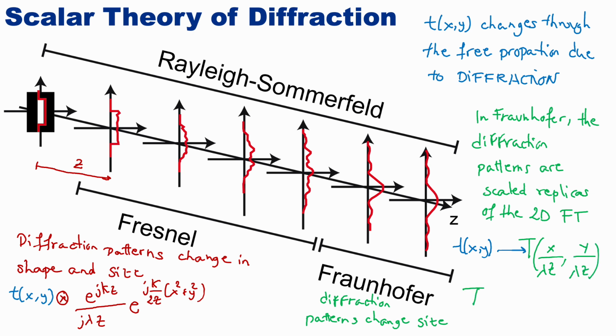So capital T is gonna be the Fourier transform of our space transmittance, where now our frequencies are x over lambda c, and y over lambda c.